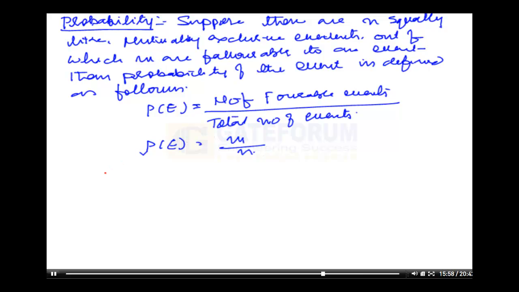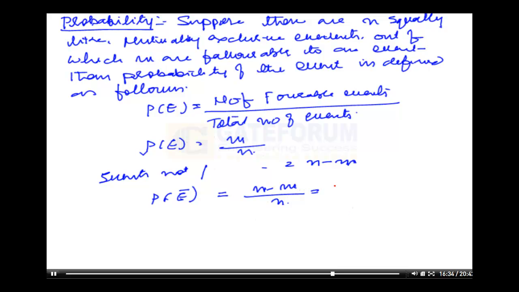Therefore, the events not favorable are n minus m. Also define probability of E dash, the probability of the event not occurring, as n minus m, because these are not favorable to the occurrence of E, by the total number of events.